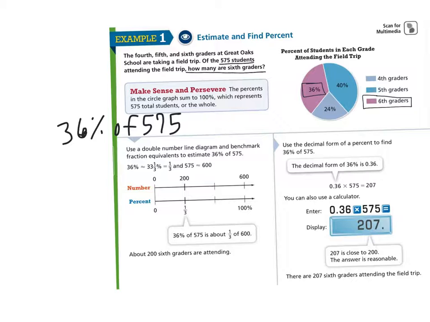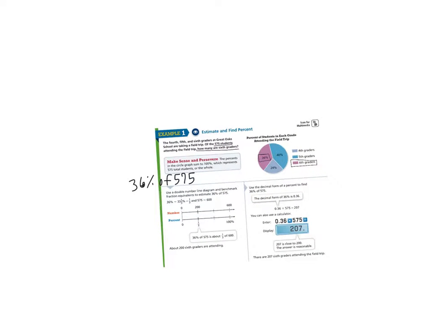In order to work these out, like we've talked about before, we're going to change the percent to a decimal, and then multiply.